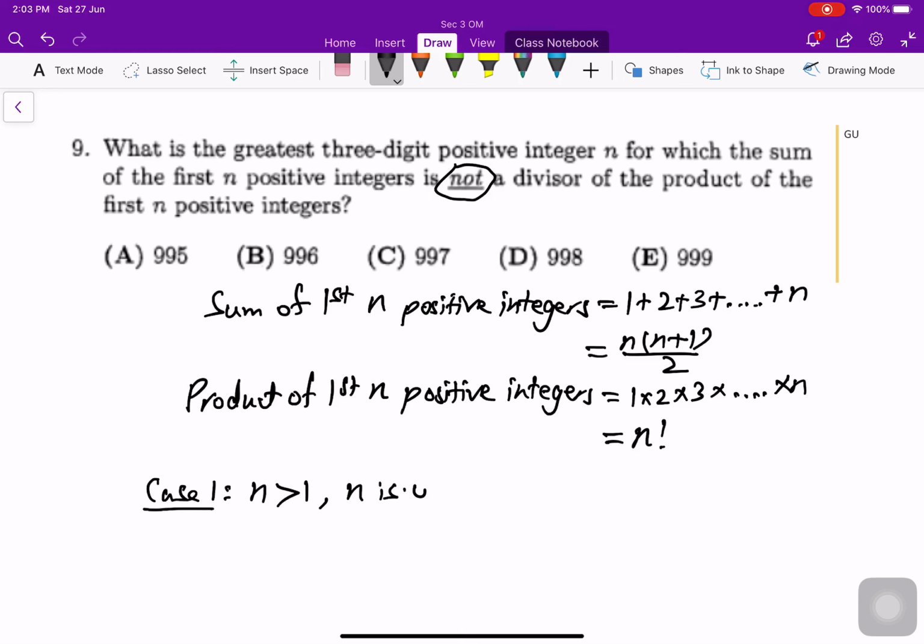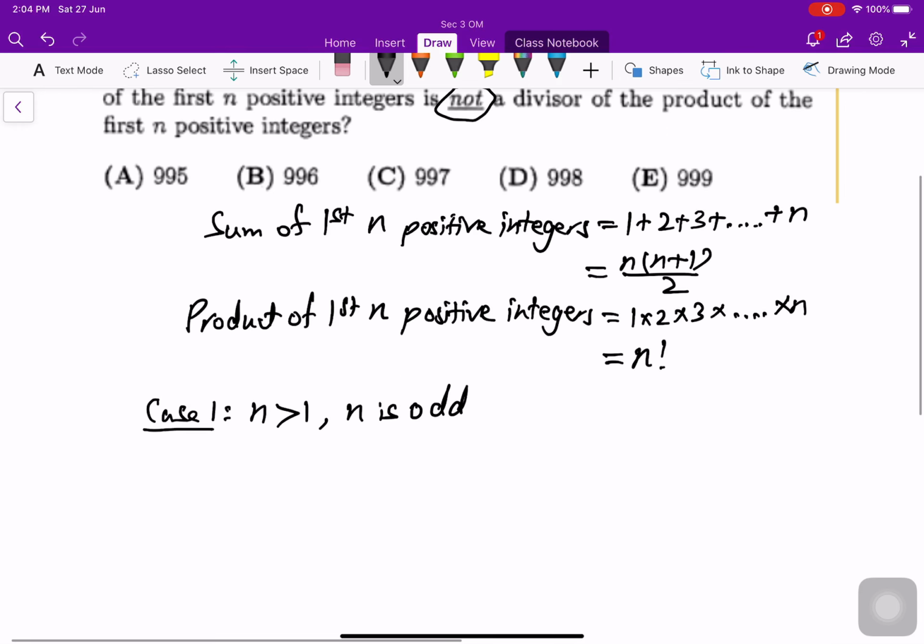Assuming that n is odd, let us look at this division. Can I divide n factorial by n times n plus 1 divided by 2?